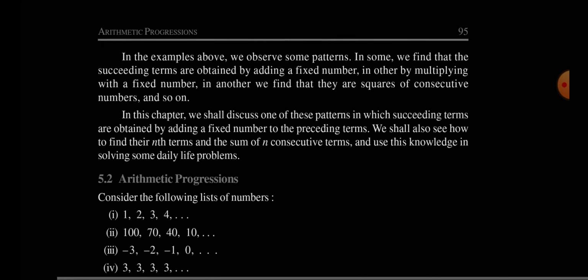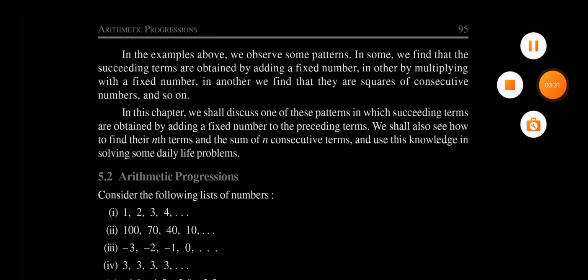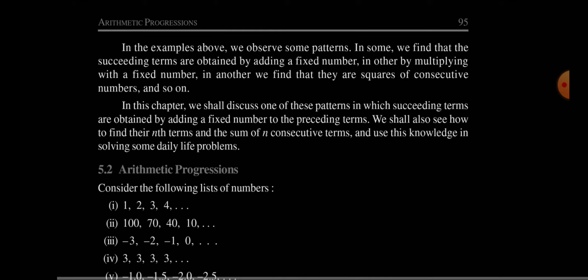In the above examples, we observe some patterns. In some, we find that the succeeding terms are obtained by adding a fixed number. In others, by multiplying with a fixed number. In others, we find that they are squares of consecutive numbers and so on.